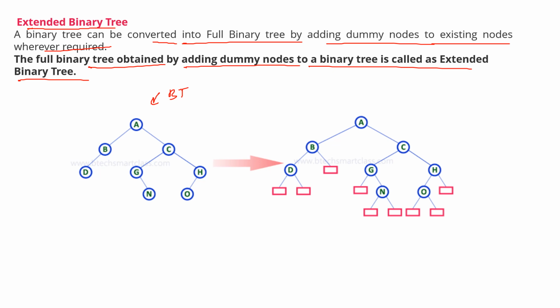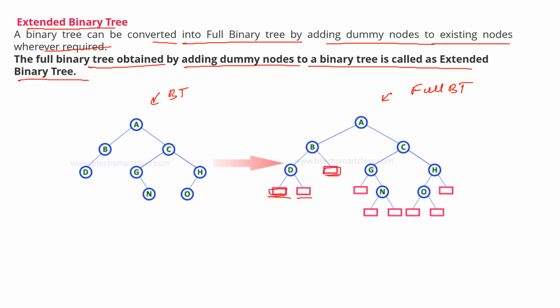Now the binary tree, we are converting this binary tree to a full binary tree. How we are converting? We are adding dummy nodes to the existing nodes wherever required. See, these are the dummy nodes. No data is there in this node, right? So that's why they are called as dummy nodes. We are adding dummy nodes wherever required, right?